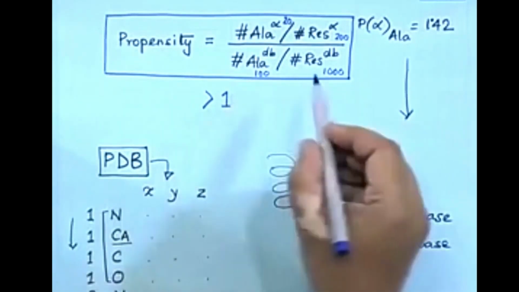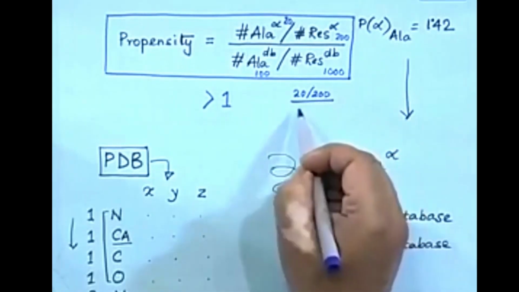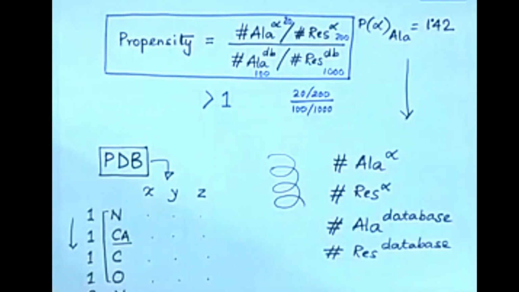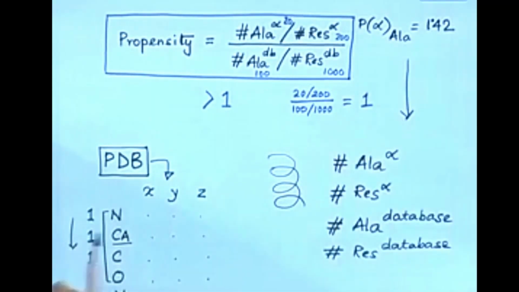So what would my value be? 20 by 200, over 100 by 1000. What is it? 1. What does it tell me? There's nothing special that I have in helices. I just have it 10% as I have in the rest of the protein. I don't have any information about it.